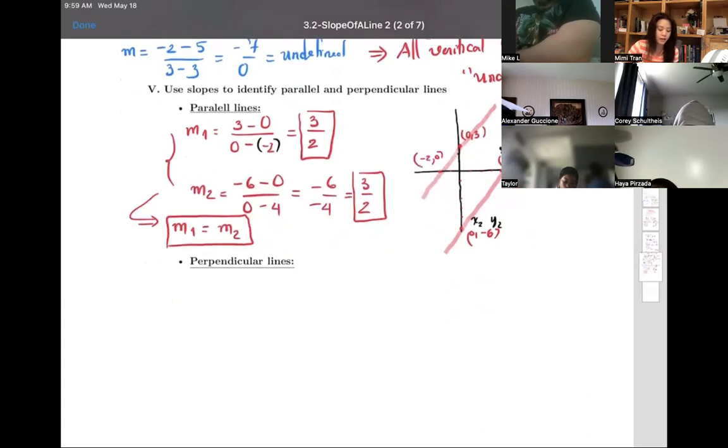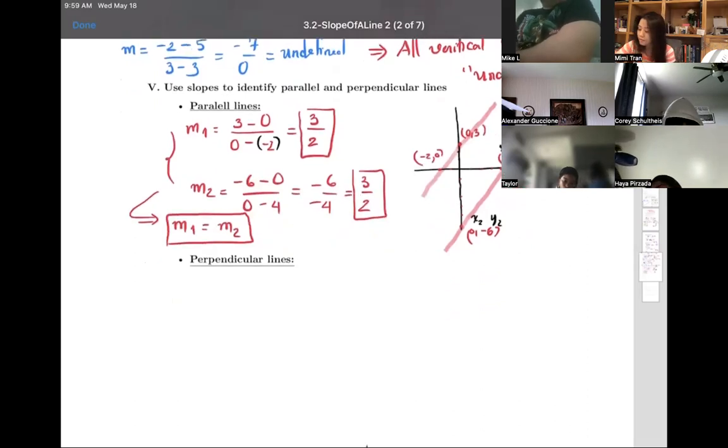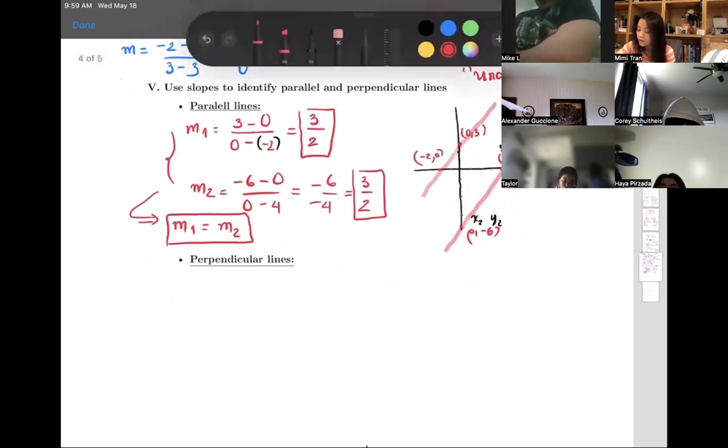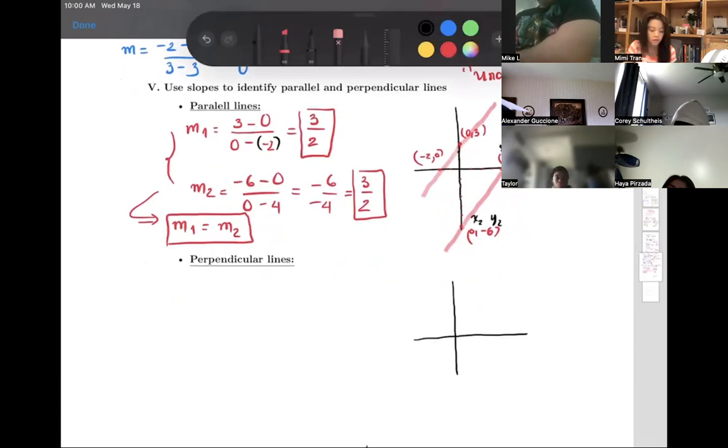Perpendicular line. Say, I don't have, oh darn it, I don't have the example.